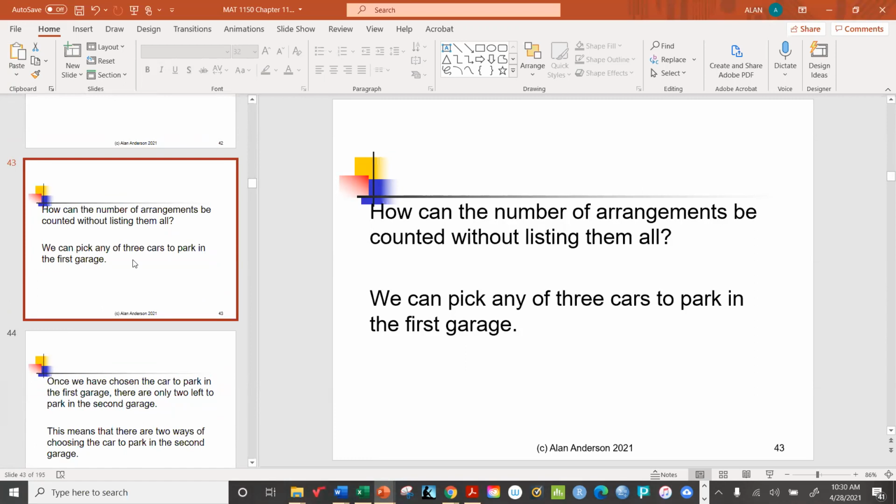All right, so I've got 3 cars. Here's garage 1. And I can pick either the Infiniti, the Lexus, or the Mercedes to park in garage 1. Now, once that decision's been made, how many cars are left to park in garage number 2?